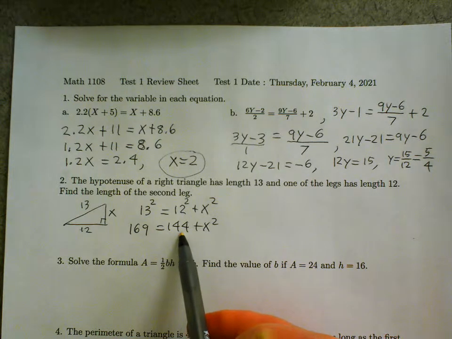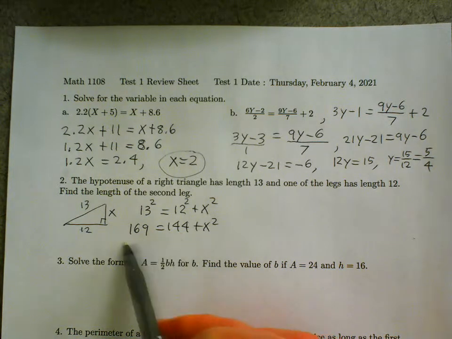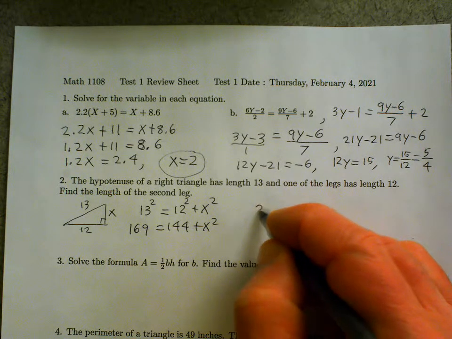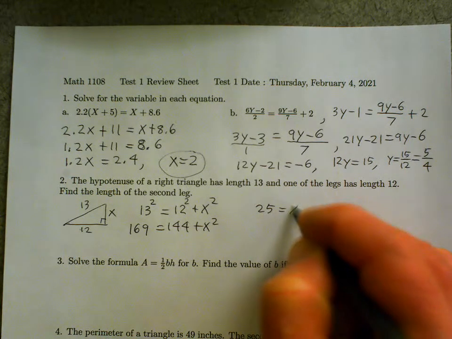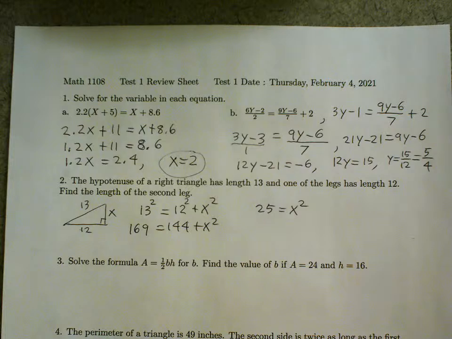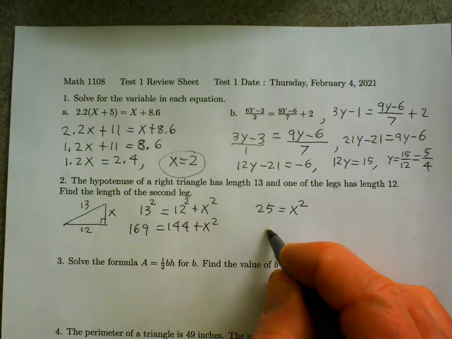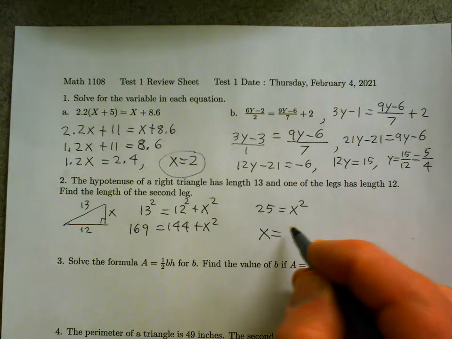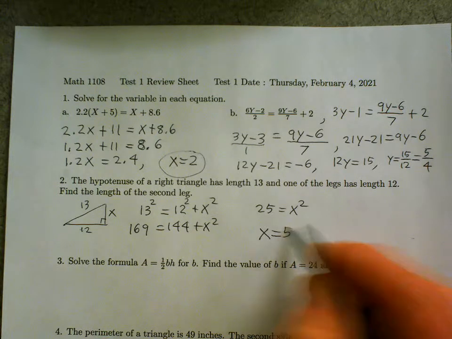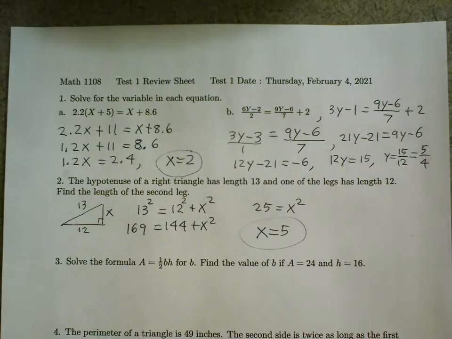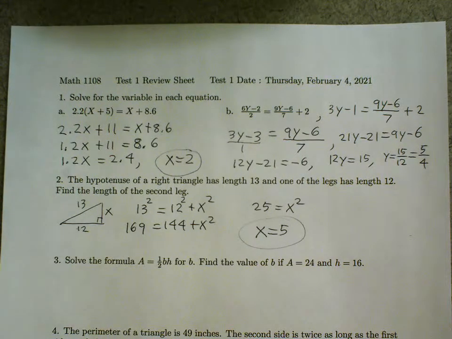Then subtract 144 from both sides. 169 minus 144 is 25. And if x squared is 25, the value of x that we want is positive 5. So the length of the second leg is 5 units, whatever the units happen to be.